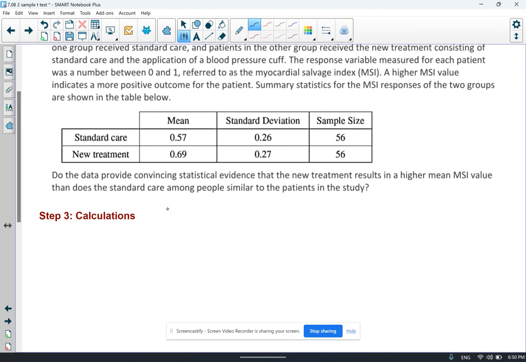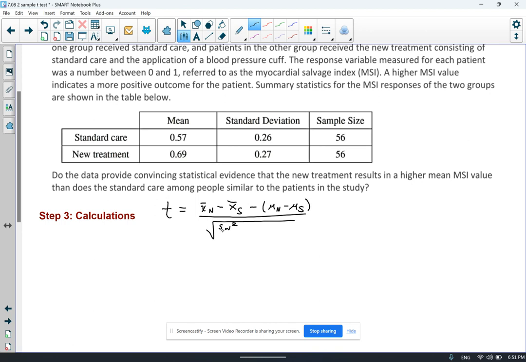So to do the calculations, the general formula is a t, not a z, because you're dealing with a t-distribution. It's the statistic, which in this case is the difference of the two sample means, not the population means this time, the sample means. So x bar n minus x bar s minus mu n minus mu s, that's our parameter, over our standard deviation.